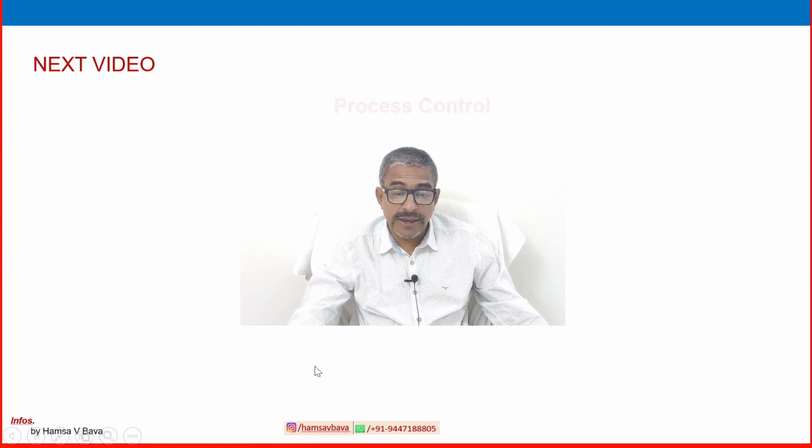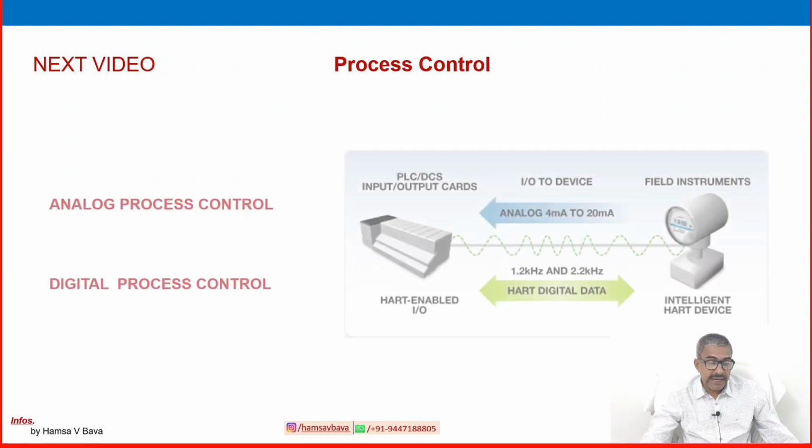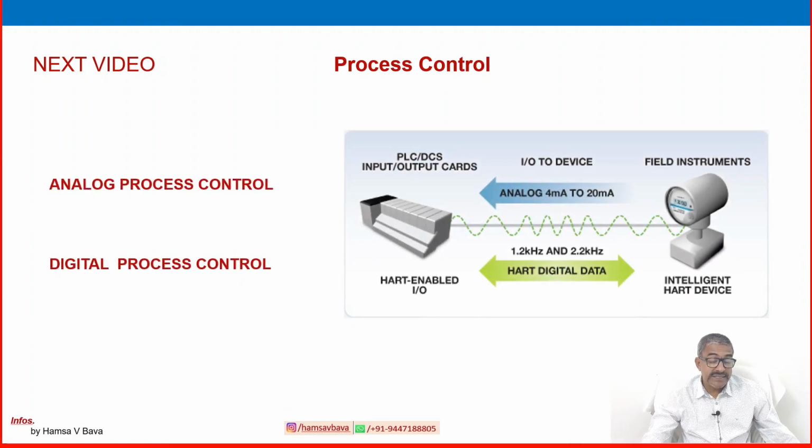Next video coming is regarding some more information on process control, like analog and digital process control: from the field instrument, how the information and signal reach the controller and control room, like SCADA, DCS and PLCs.